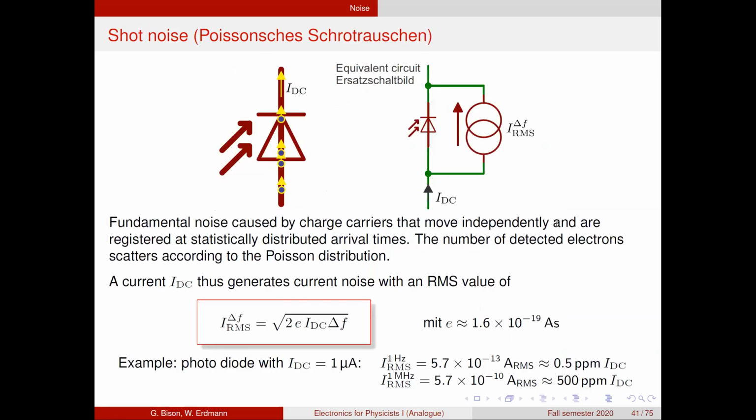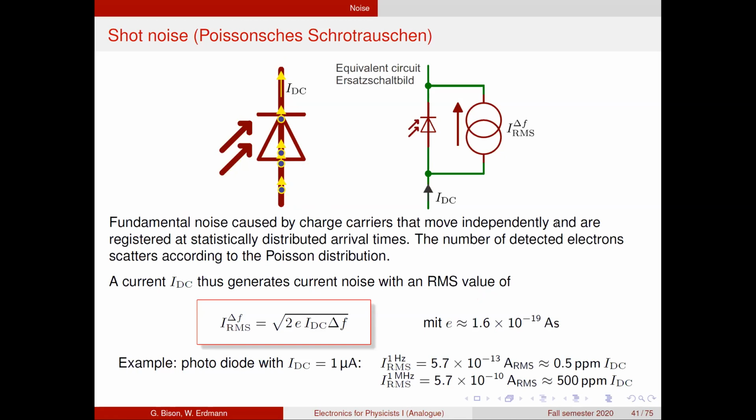Okay, the next noise I'd like to talk about is shot noise. We also had this already in the introduction. It's also a fundamental noise. We have no way to avoid that. And it's caused by the charge carriers, for example, through a diode here, that of course have a finite charge, and they arrive at statistically distributed arrival times.